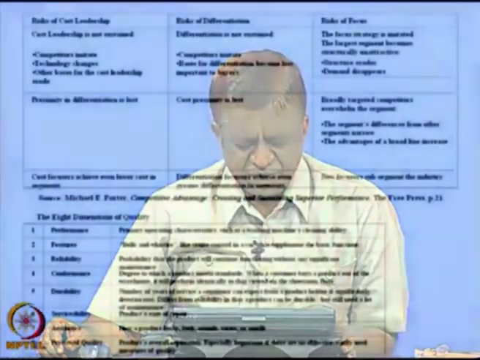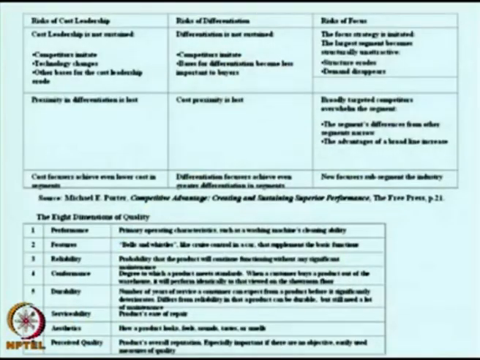Then the sixth dimension of quality is what is called serviceability, that is the product's ease of repair. Now, suppose you take the different types of automotives in the Indian market.